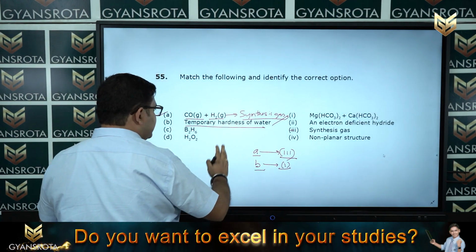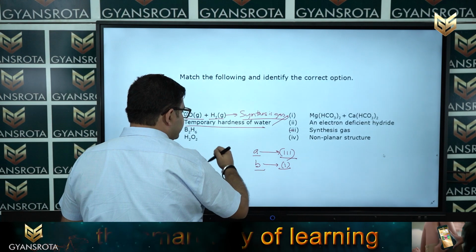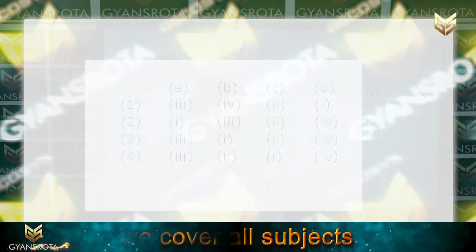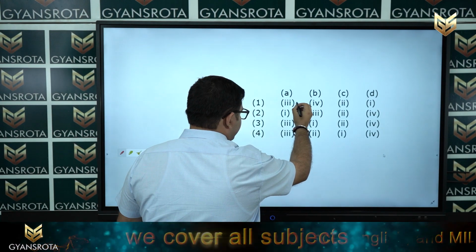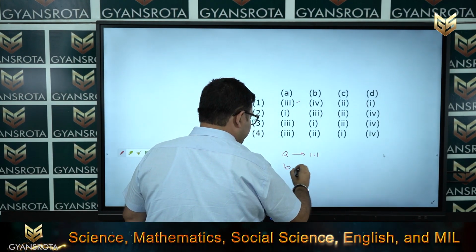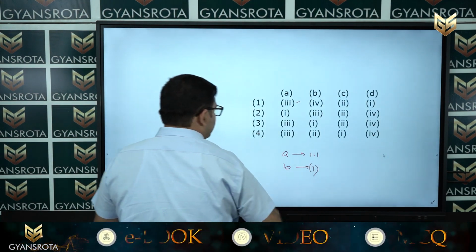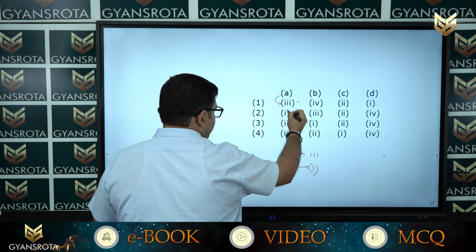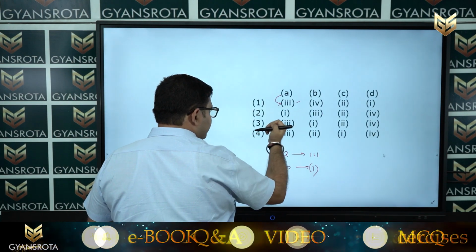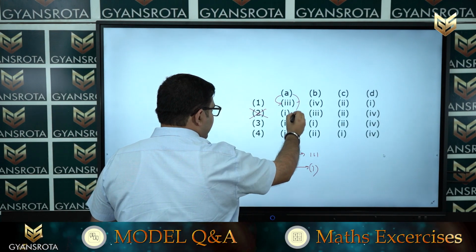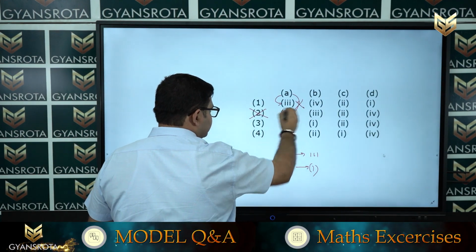Okay. So, your A is matched with 3 and B is matched with 1. So, now let us see what are the options they are given. So, if you see in this answers, your first one is 3, okay, A is 3 and B is 1. Option number A is matched with 3, yes, this may be possible, 3 is also possible, 4 is also possible, but option number 2 we can neglect because A does not match with 1.